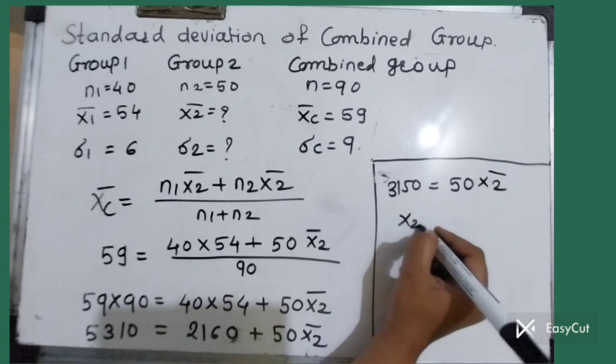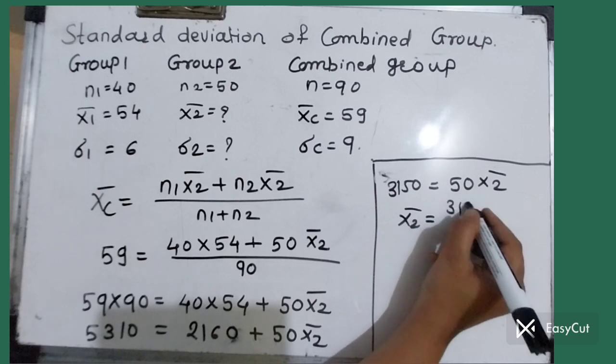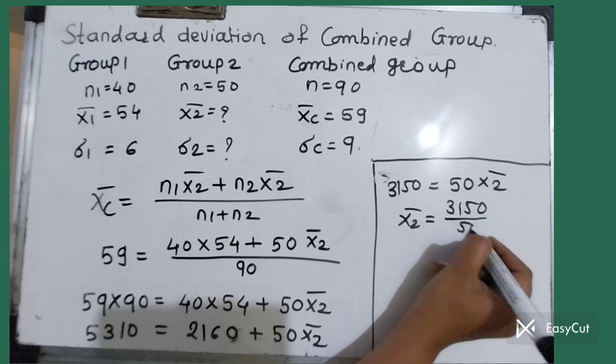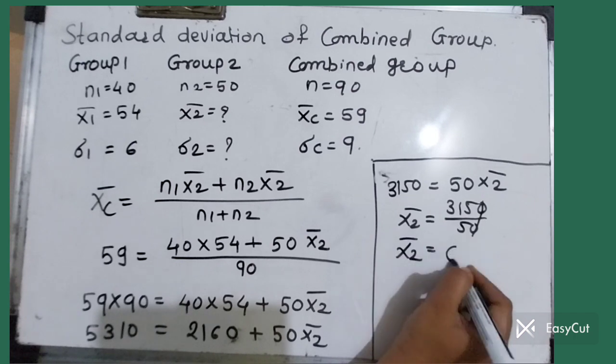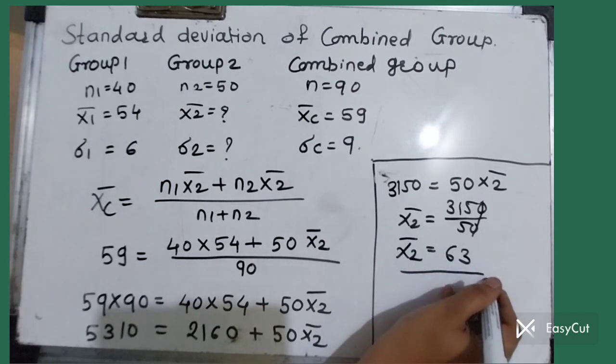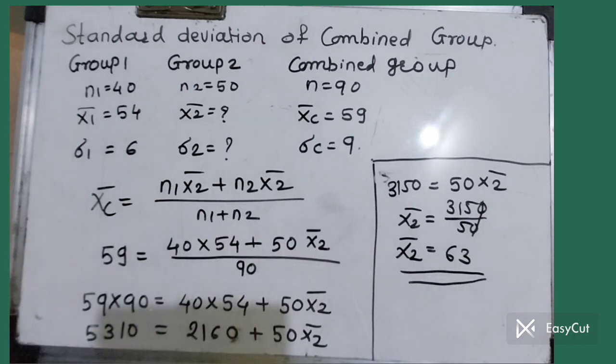So X2 bar equal to 3150 upon 50, cancel, and X2 bar equal to 63. So this is my X2 bar. Okay, getting or not? Comment me and take a screenshot.